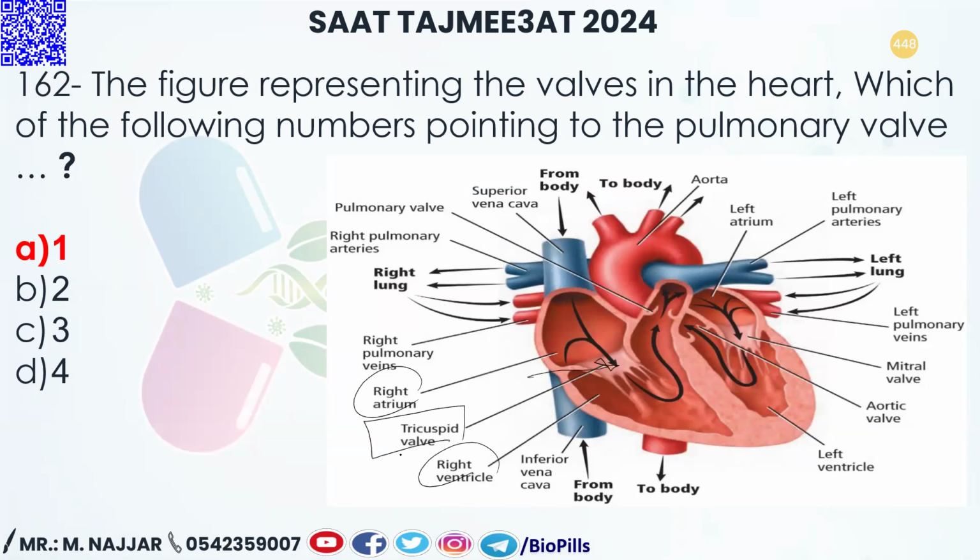The valve between the left atrium and the left ventricle is called the mitral valve or bicuspid valve. The valve at the base of the pulmonary artery is called the pulmonary valve. The valve at the base of the aorta is called the aortic valve.